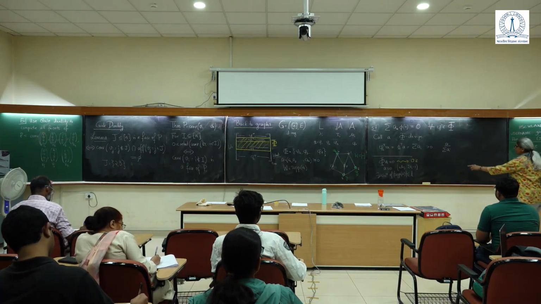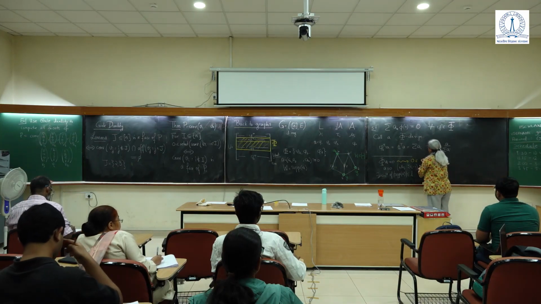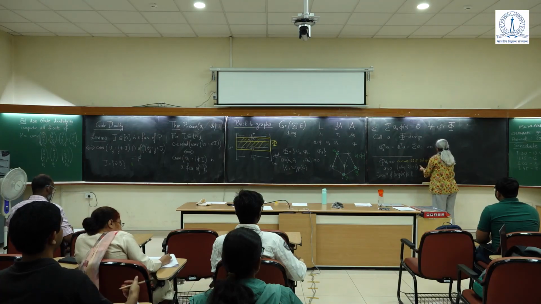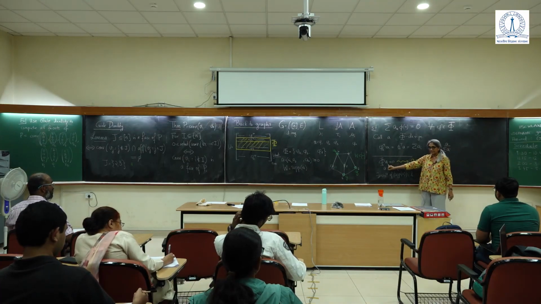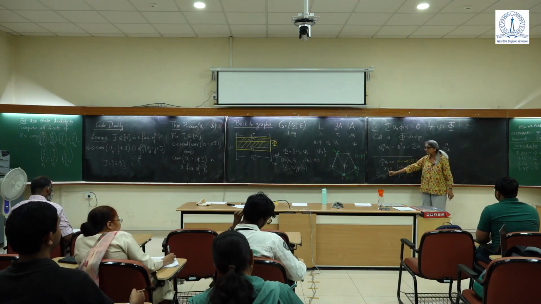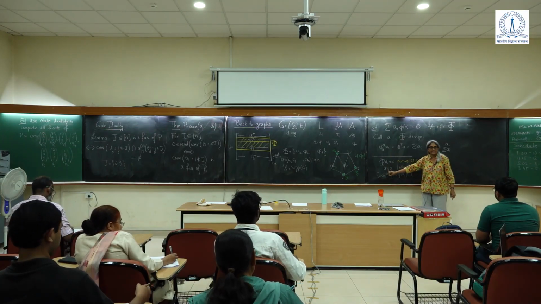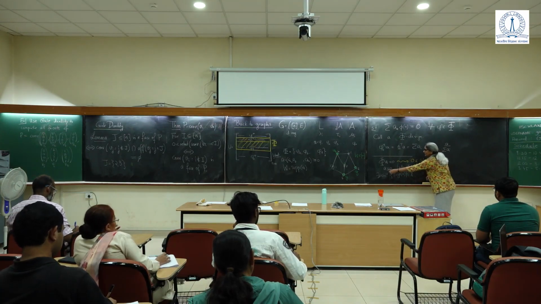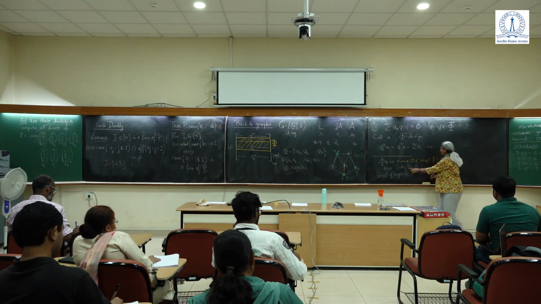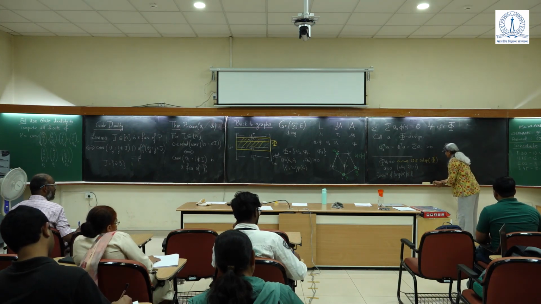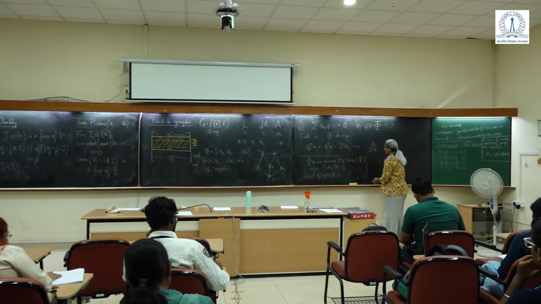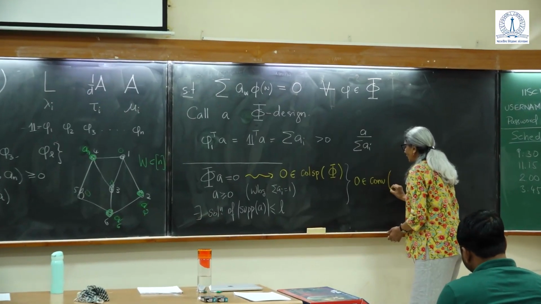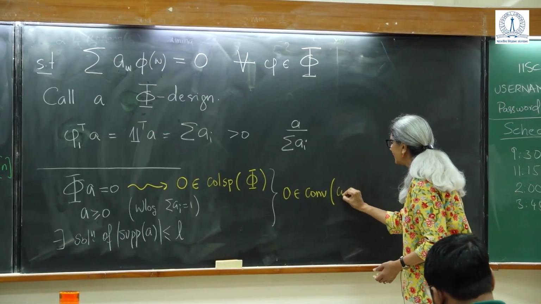So now what I'm getting is that 0 lies in the column space of phi. So 0 is a combination of the columns of phi. That's what we get from here. But if we also add this, then what are we getting? Yeah, if you add this piece and this piece, then if I take this much information, I'm getting that 0 lies in the convex hull of the columns of phi.